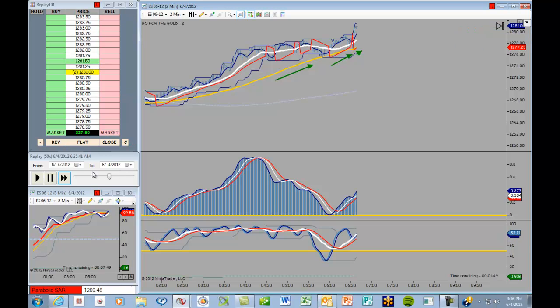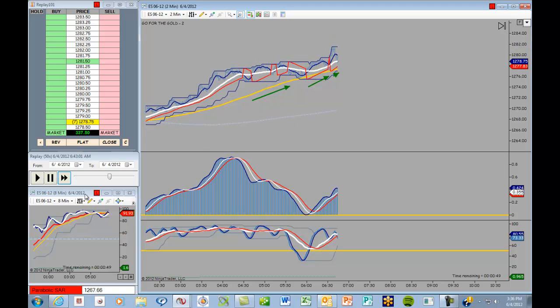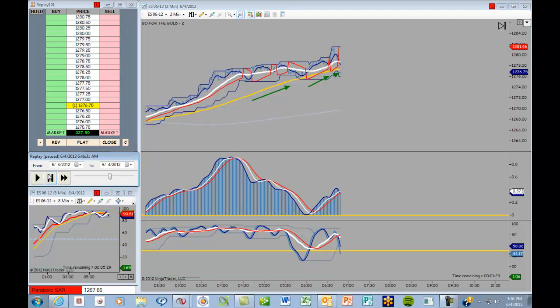All right, that's a little more like it. Okay, now we've got a bearish cross over here. Now this is a transitional move, not precisely a counter trend move, but it's a pretty safe bet that this thing's going to go down, because look at this divergence.